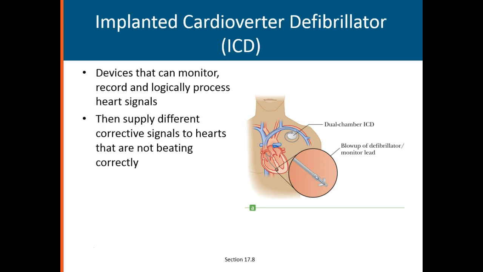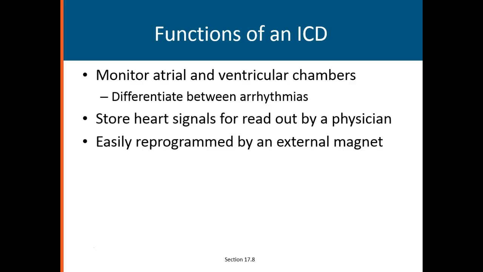Now, that's all they're saying here. The text may tell you a little bit more. The functions of the ICD are to monitor first the atrial and ventricular chambers, differentiate between arrhythmias, store heart signals to read out to a physician, and it's easily reprogrammed by an external magnet.